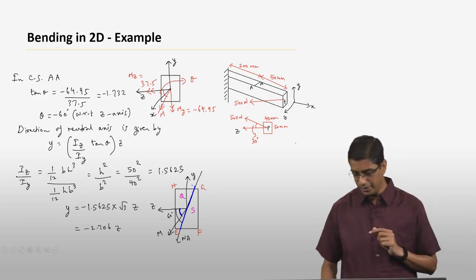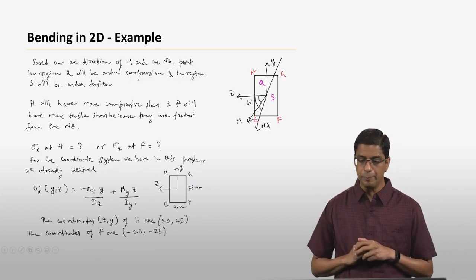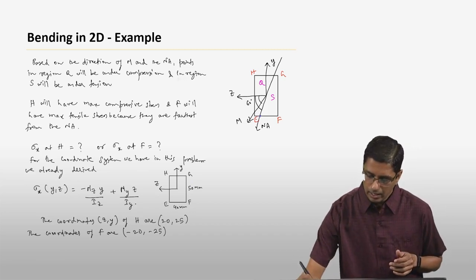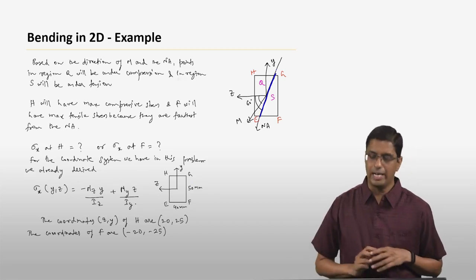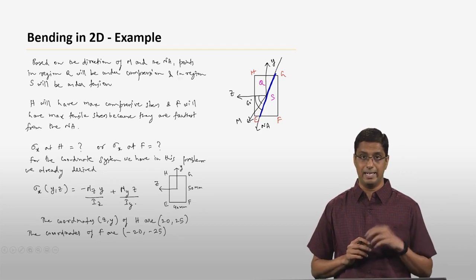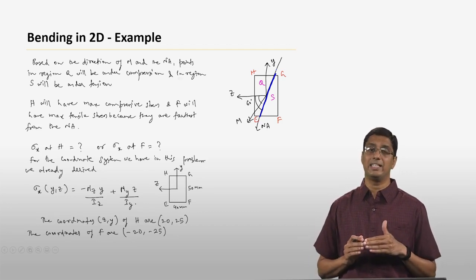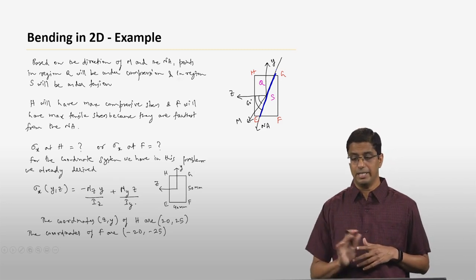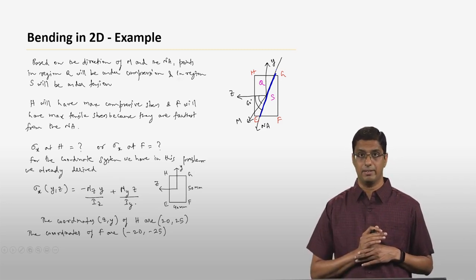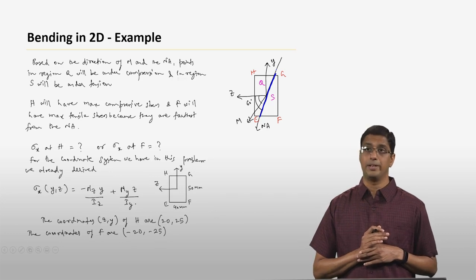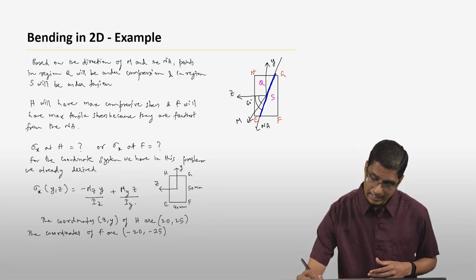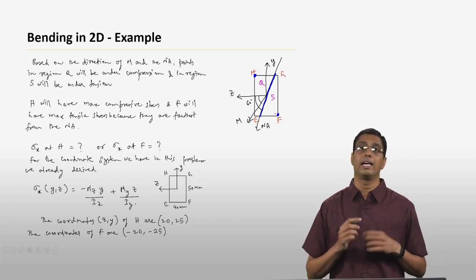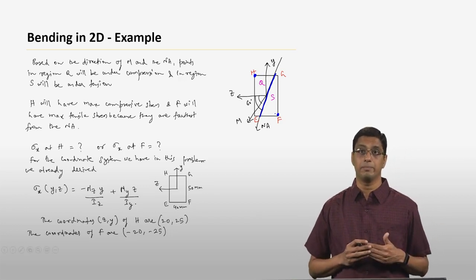Okay, so if this is the neutral axis, then the point that has the highest stress is at the farthest distance from the neutral axis. Just by looking at this diagram, you can directly find out that it has to be this point and that point that are farthest from the neutral axis.